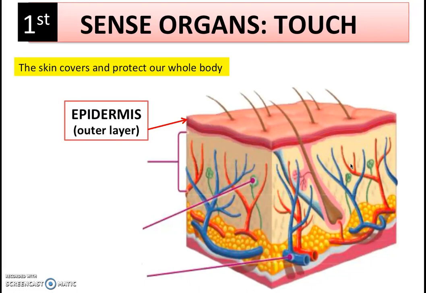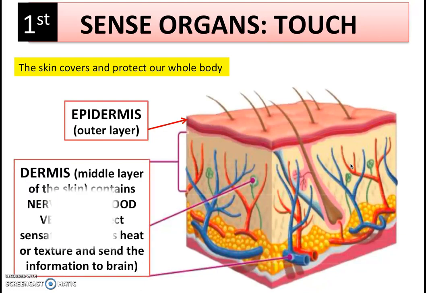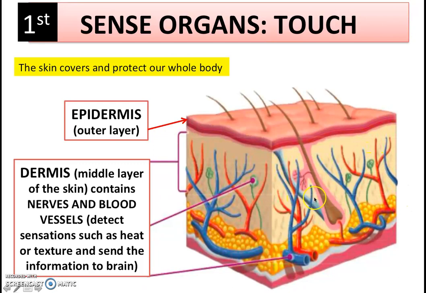We have the epidermis, the outer layer of the skin, epidermis. Then we have the dermis. So it's the middle layer of the skin, and in this layer, you will find nerves, and also blood vessels, arteries and veins.